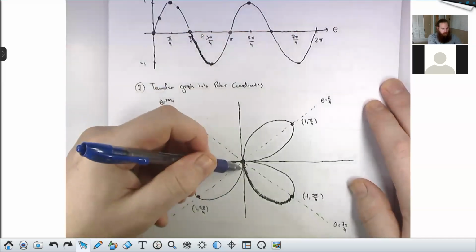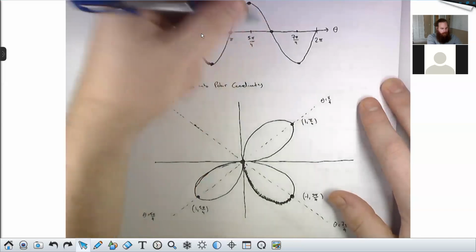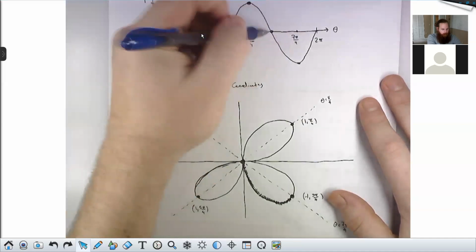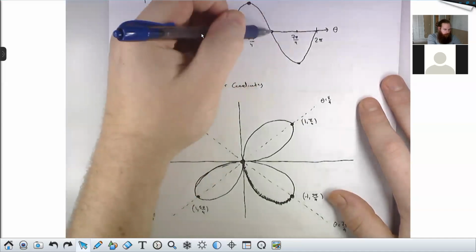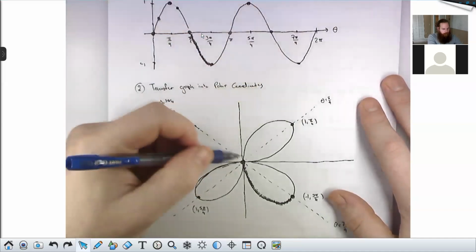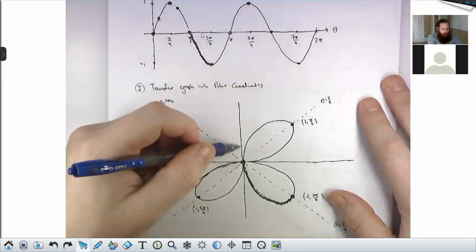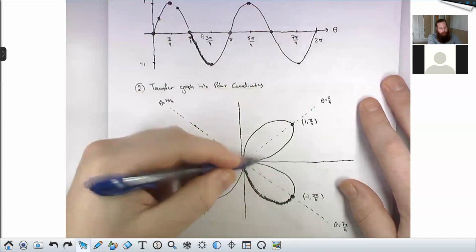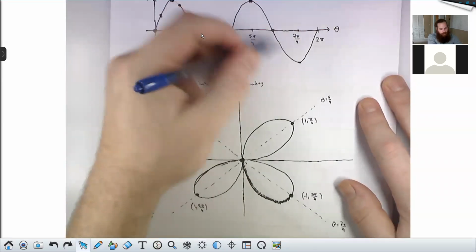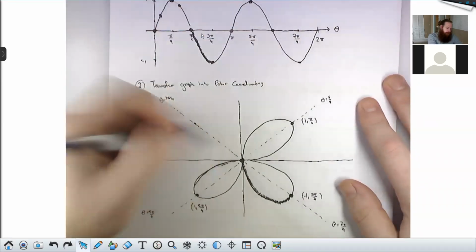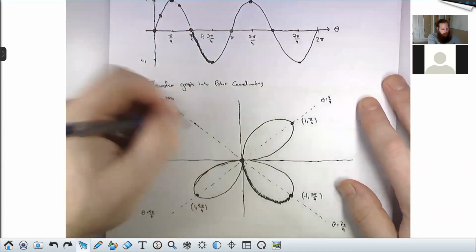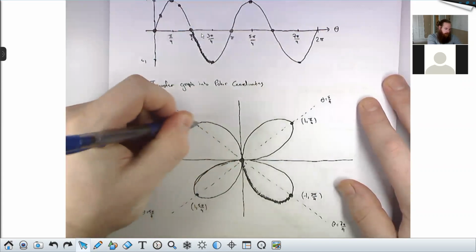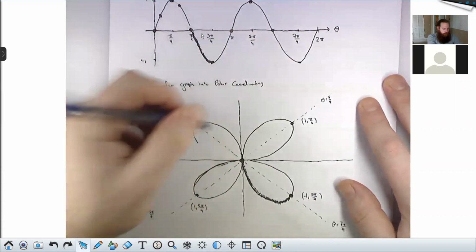And then finally, as we rotate through this last theta interval from 3 pi over 2 to 2 pi, we're going to poke back out. Normally between 3 pi over 2 and 2 pi, we'd be drawing over here. But because r is negative again, we'll be drawing in the reflected space over here. We're going to come out to a max radius of 1 and then run back into the origin.